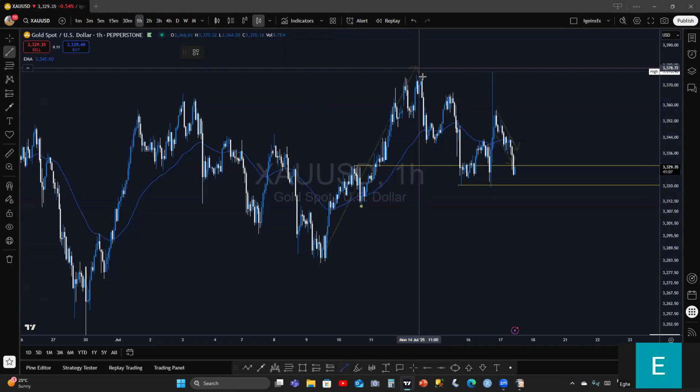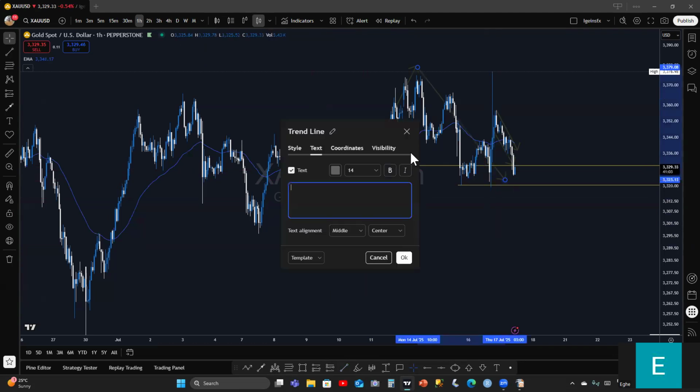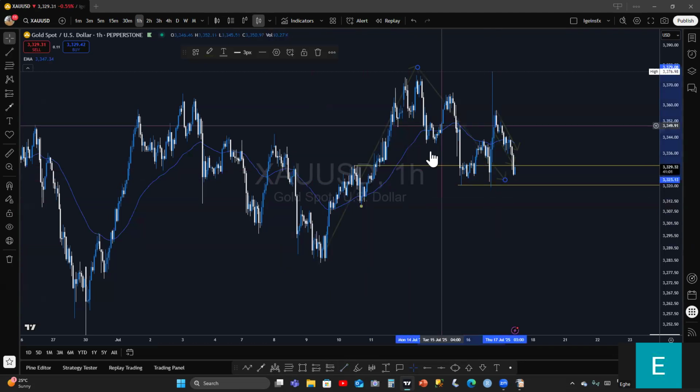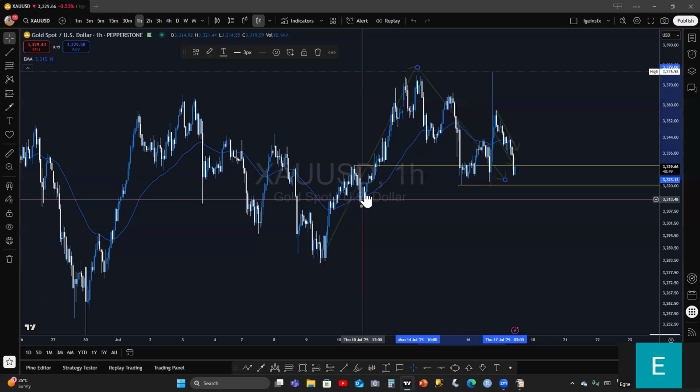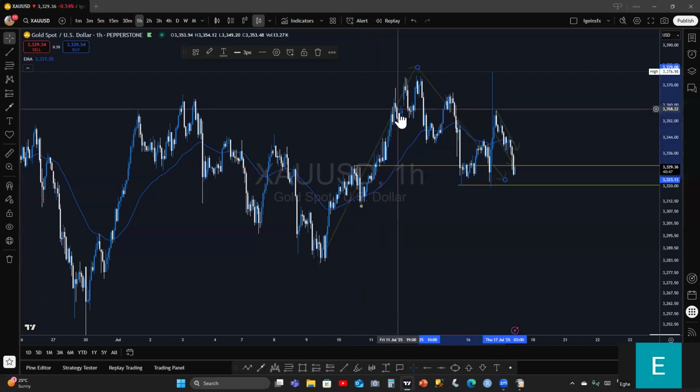Before this pullback, within the broader trend, you see the trend created a structure here. There's a pullback. It created a structure here. There's a pullback. It created a structure. So within a broader trend, there is an internal trend also.